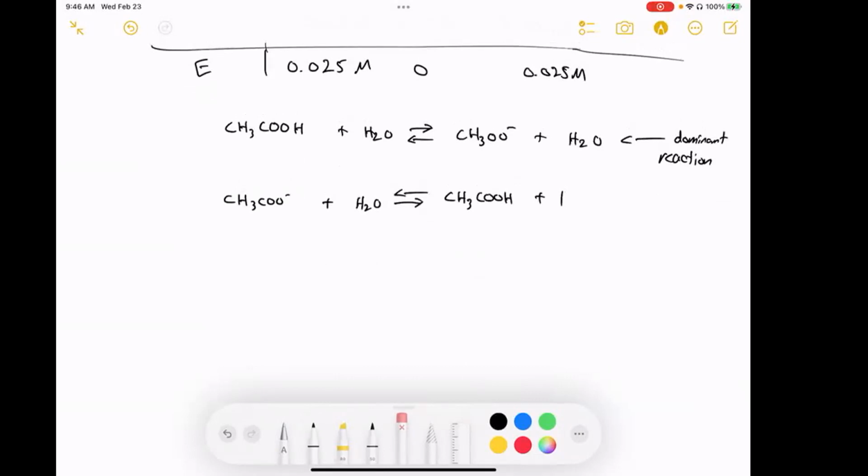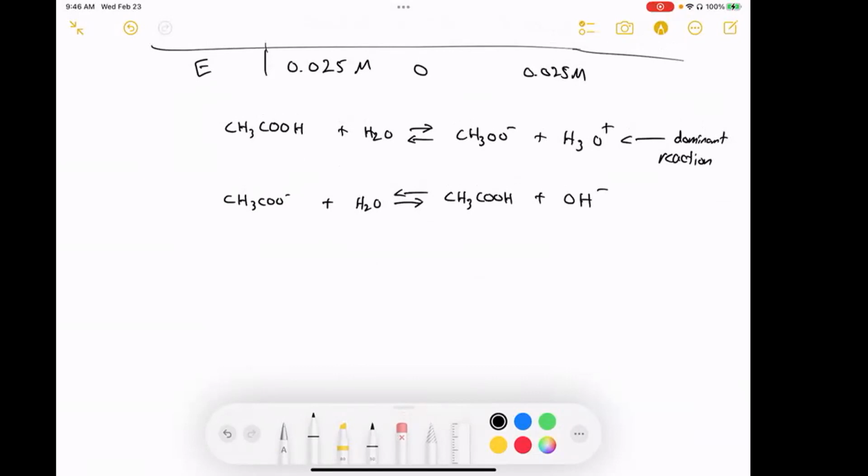I kind of wrote this incorrectly: H3O plus, and then here I have OH minus. But this is probably the dominant reaction. I don't think you need to consider this, but maybe you do. So you record the pH.